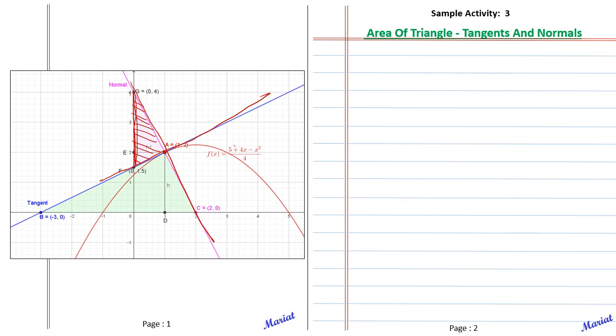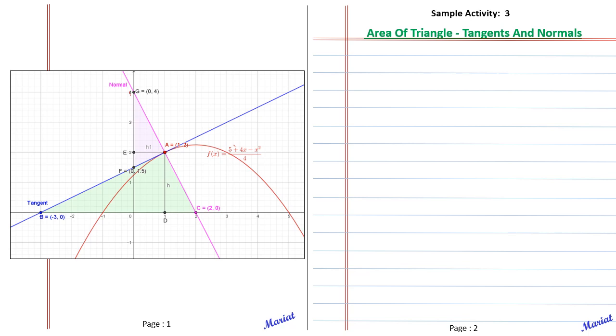So take this distance as the base, and the altitude is this one, which is in fact the x coordinate of this point. So half into base into height, and the area of the triangle formed with the y-axis can also be calculated.